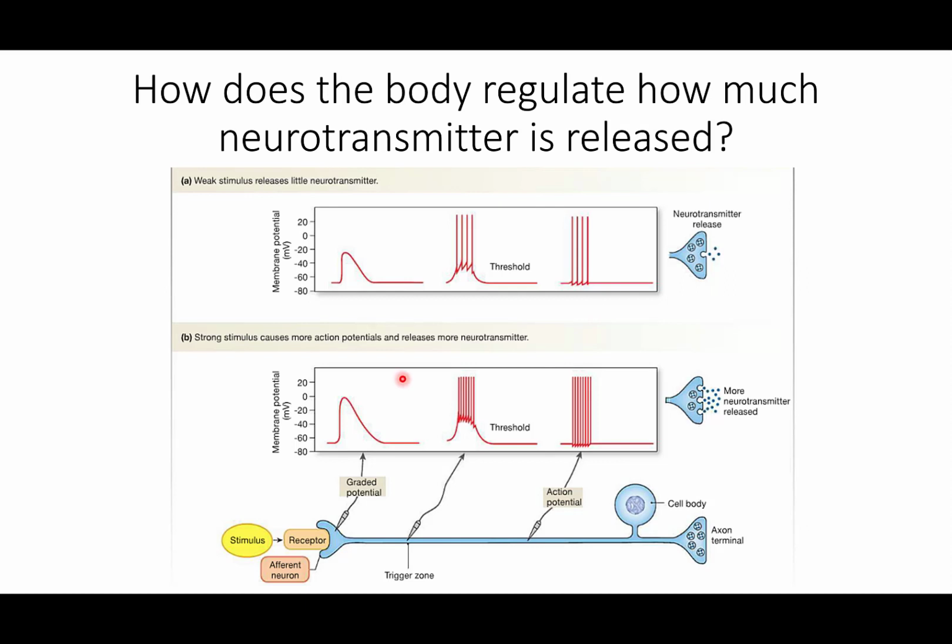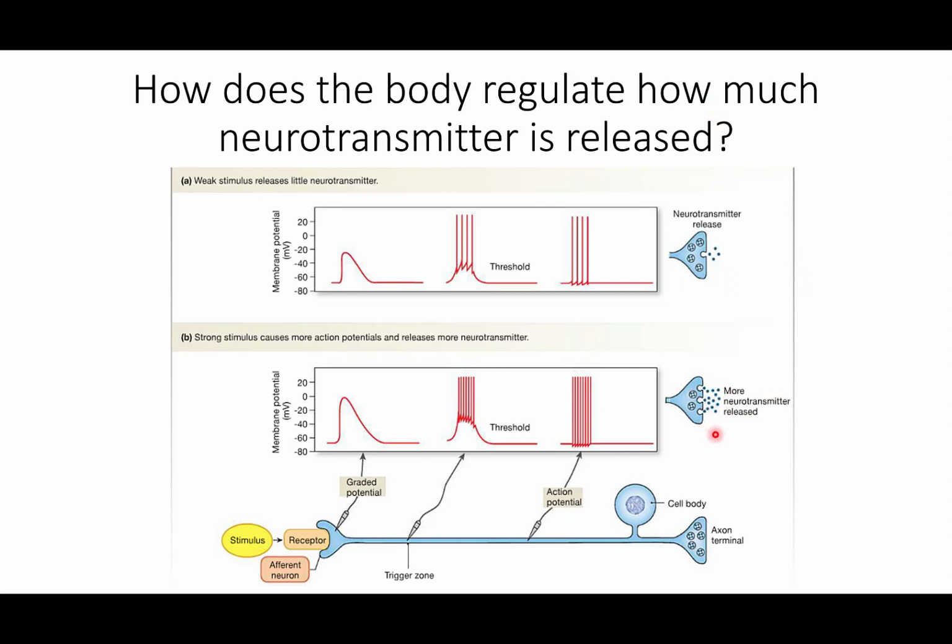In this case, when we have an even larger graded potential, that larger graded potential may last through the refractory period of the first action potential, and so we get even more action potentials because after the absolute and relative refractory period, it's still above threshold, so we initiate another action potential. So as the frequency of the action potentials becomes more, we get more neurotransmitters being released.